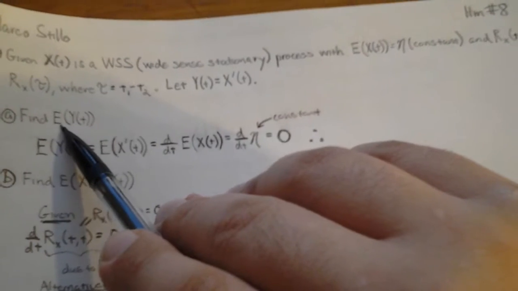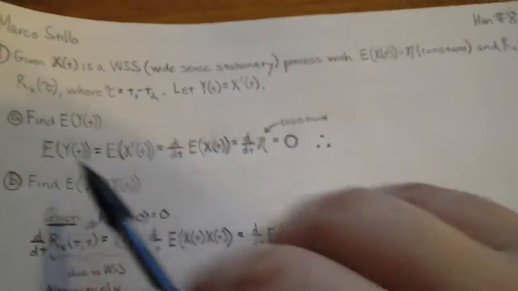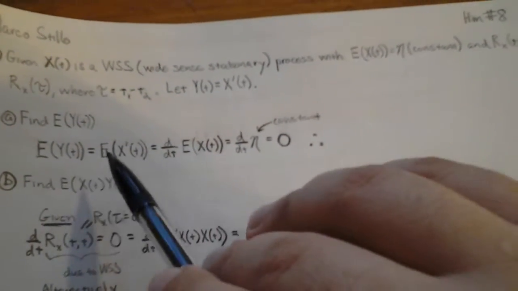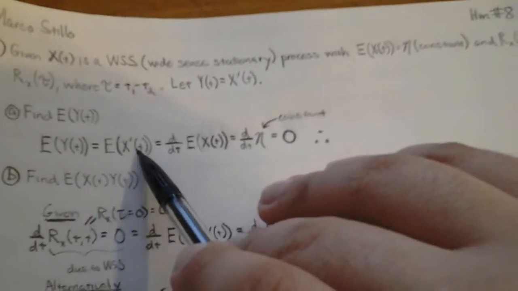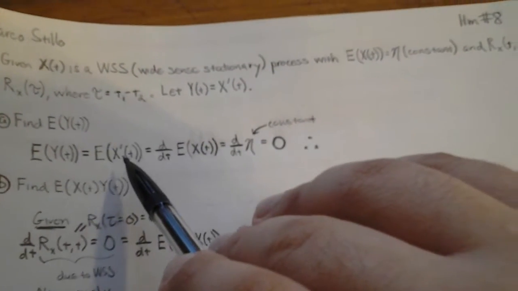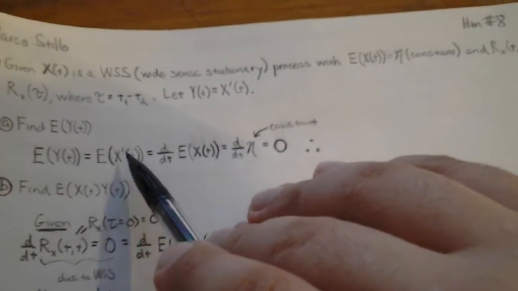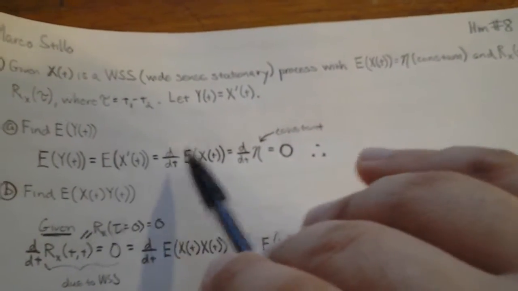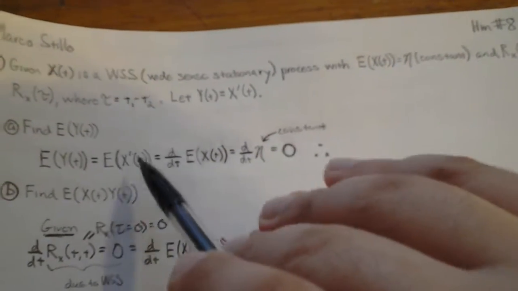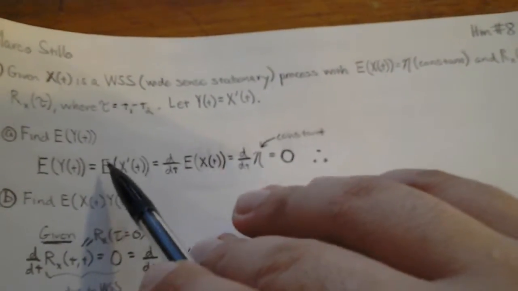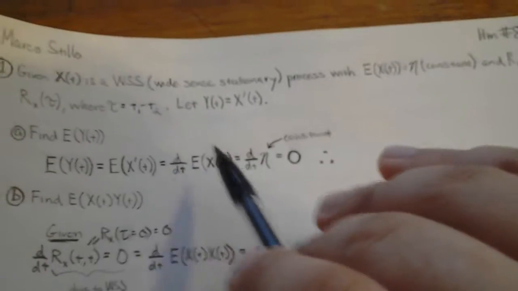If we're going to find the expected value of y, we start with this term and substitute in, knowing that y is the derivative of x. Because it's the derivative of x, we can bring out the derivative term, since the order is interchangeable.